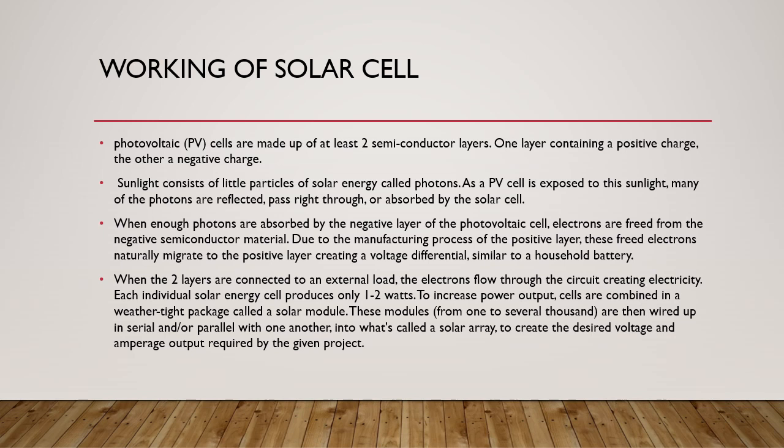As a PV cell is exposed to sunlight, many of the photons are reflected, pass right through or are absorbed by the solar cells. When enough photons are absorbed by the negative layer of the photovoltaic cell, electrons are freed from the negative semiconductor material.